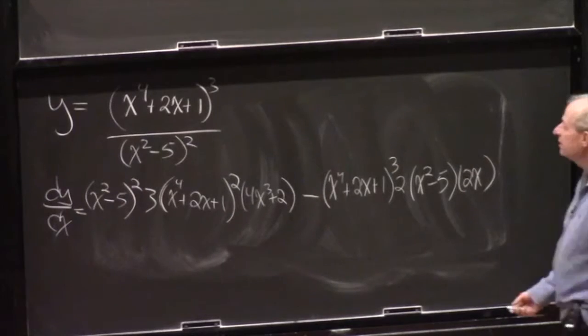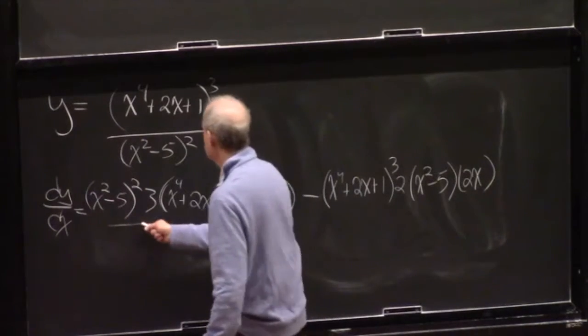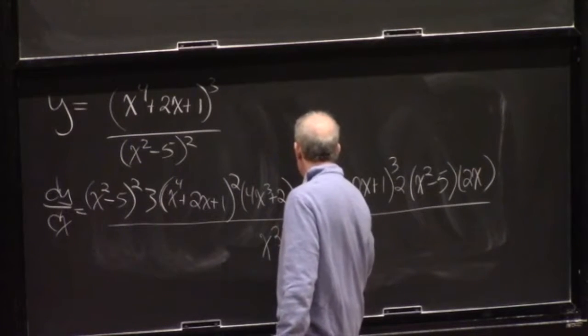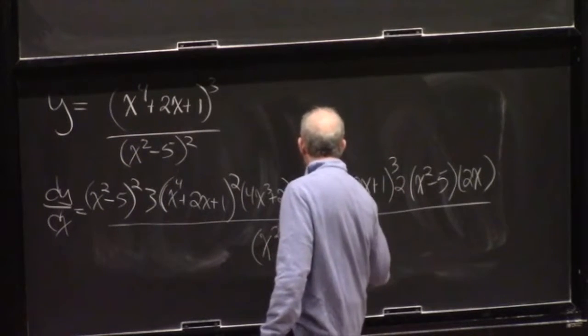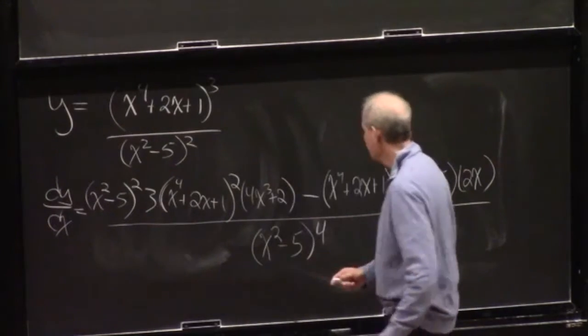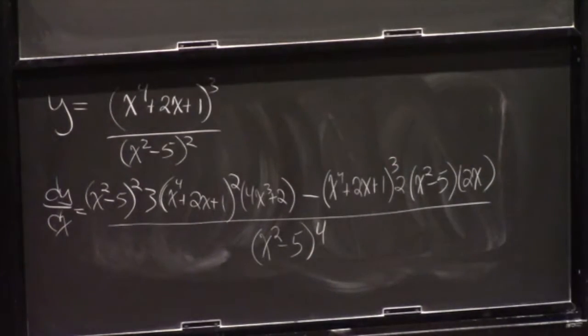The whole thing in the bottom is squared, so that becomes (x squared minus 5) to the fourth. Okay? How are we doing? Feeling good about those? Okay, that makes me happy.